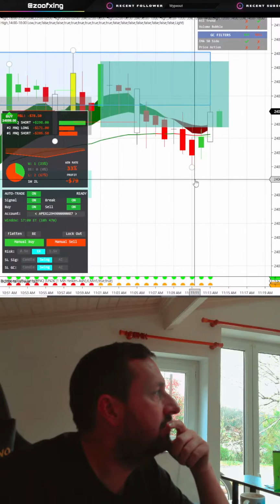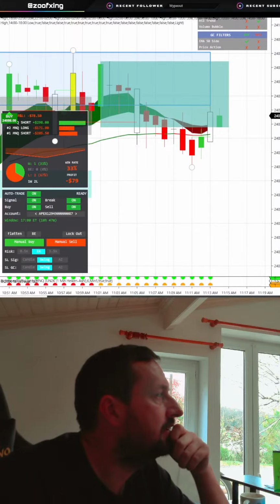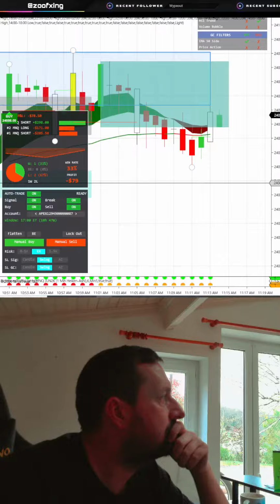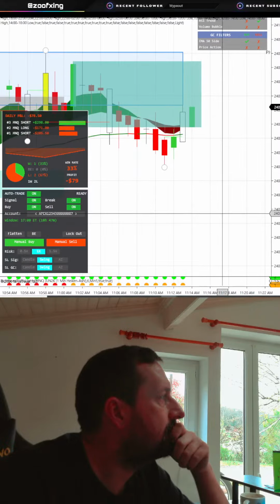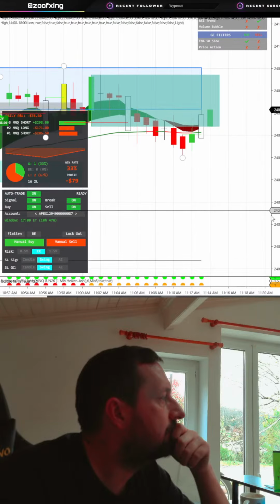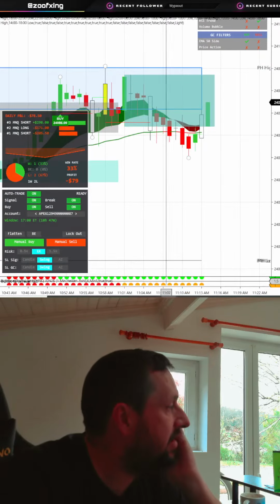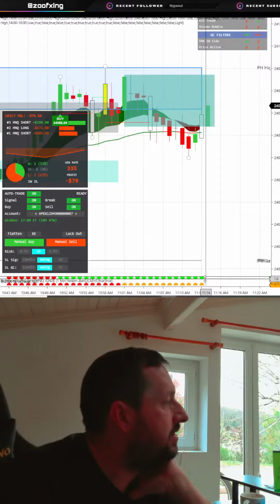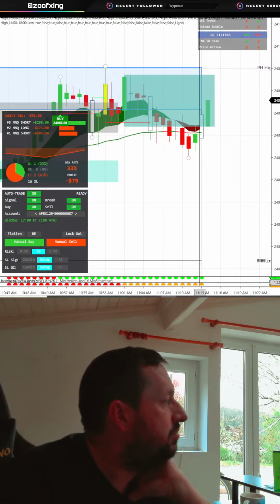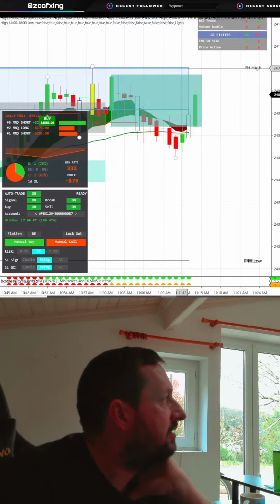So there's our break candle to the upside. Our big money traffic lights have gone green and orange, so close to going bullish. We're really pushing back for that high.